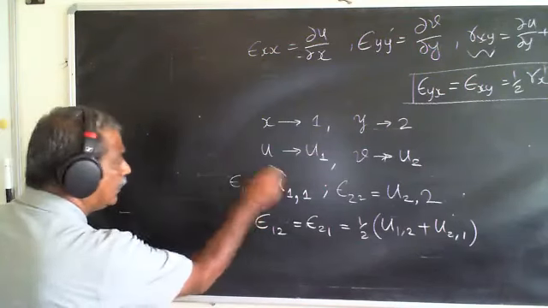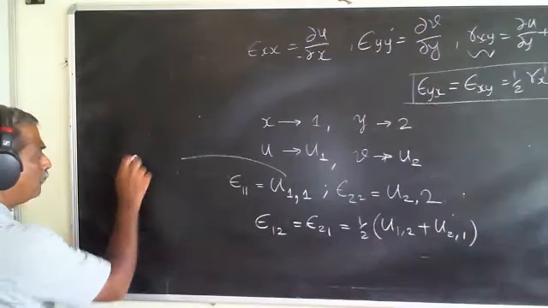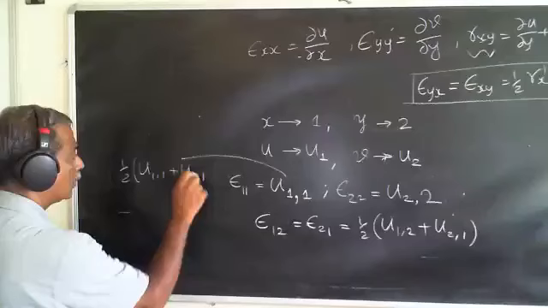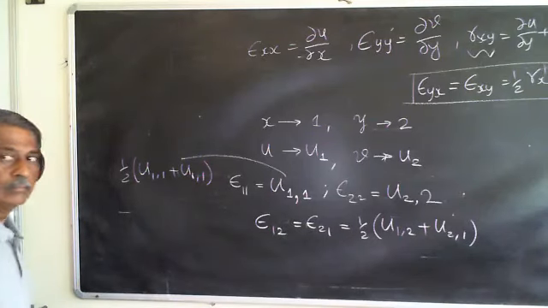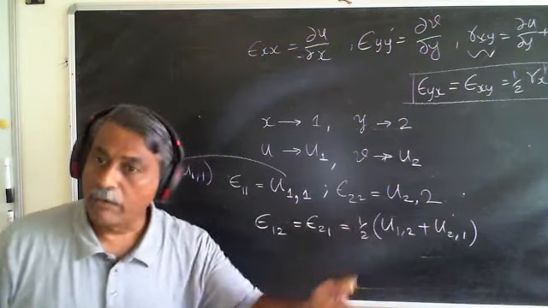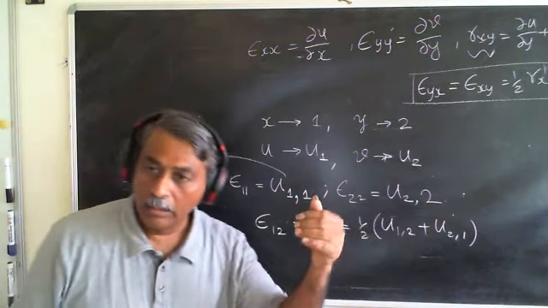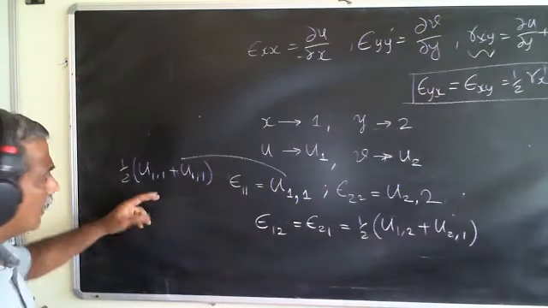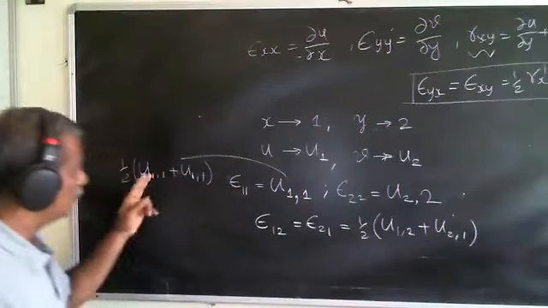I can write epsilon 1 1 to be half of u1 comma 1 plus u1 comma 1. Can I not? It's the same. Similarly, I can write epsilon 2 2 to be half of u2 comma 2 plus u2 comma 2. Yes. All right.